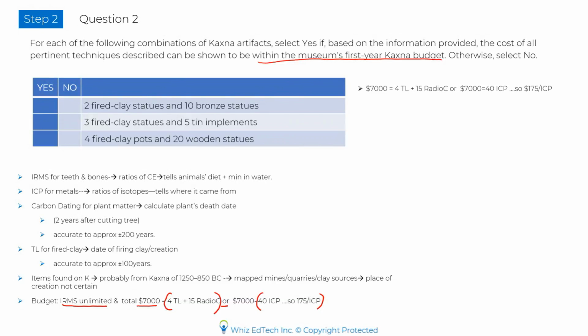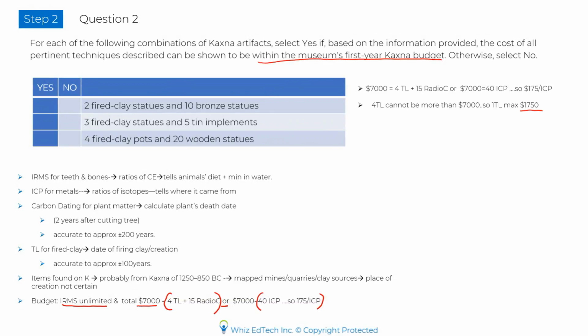Now let's see. 2 fired clay statues and 10 bronze statues. Now, I don't know how much one fired clay test costs, but I can definitely be sure that 4 TL cannot be more than 7,000, right? Because each test would be of the same fixed price.